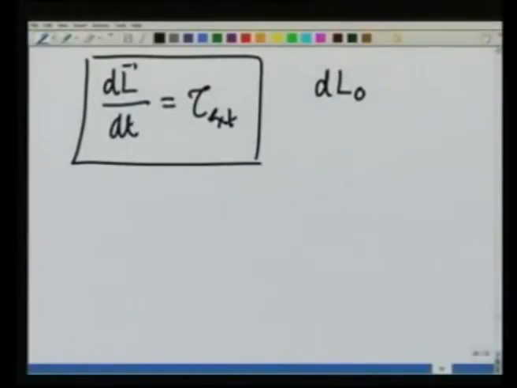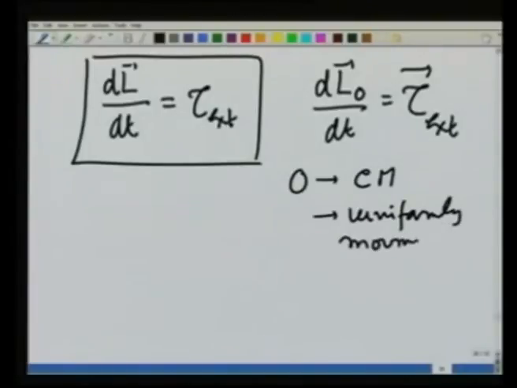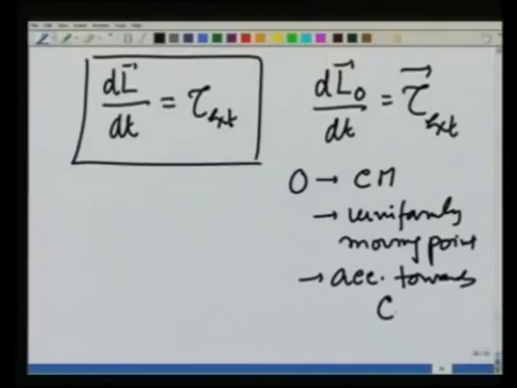In that case we saw that we apply dL_O over dt is equal to tau external, where O is either the CM or a uniformly moving point or accelerating towards CM. The safest point to take always is CM, because that you are sure of. And with these we solved certain interesting problems.